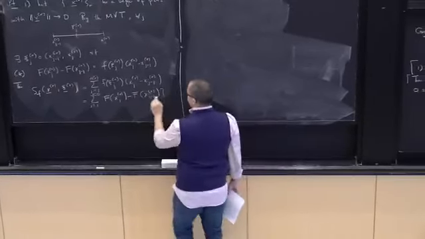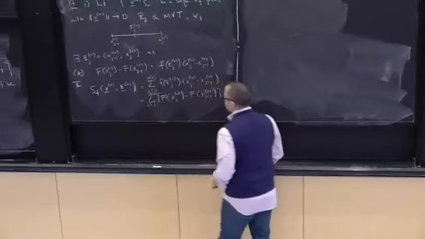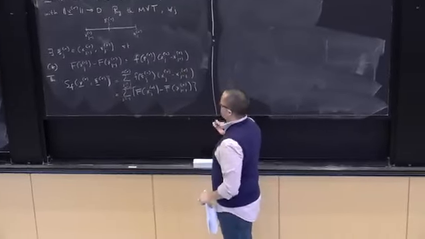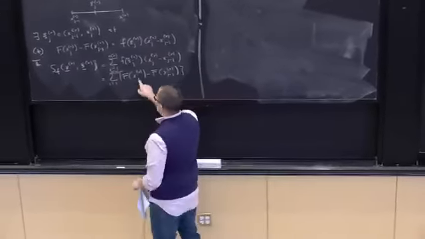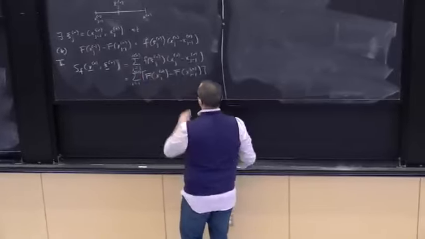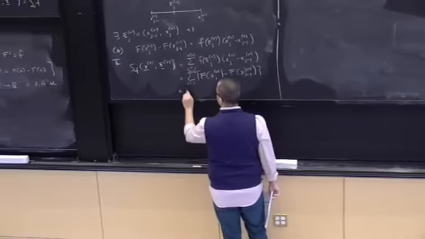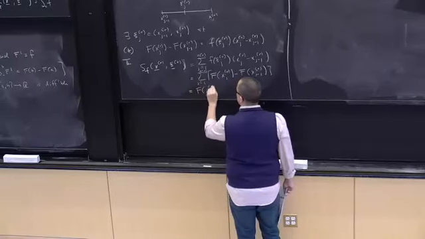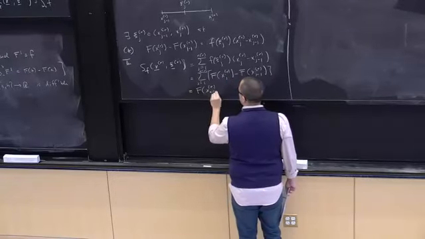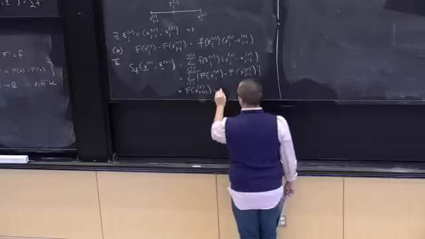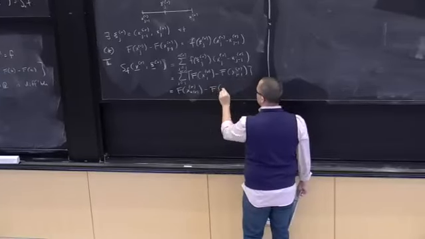Right? And again, this is a telescoping sum. All I pick up is when j equals n_r, the last point, and when j equals 0, so this is equal to F of the last point minus F of the first point.